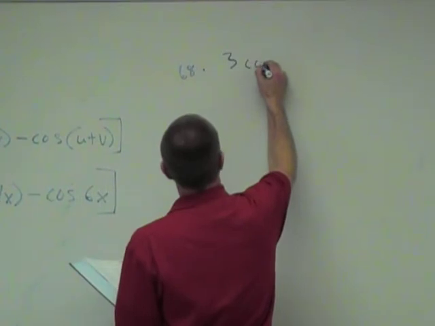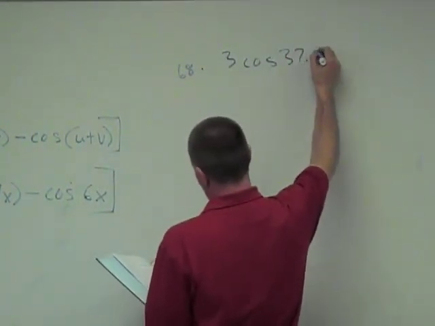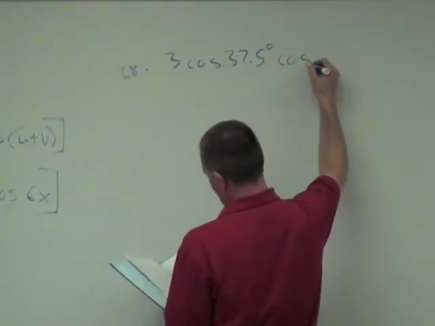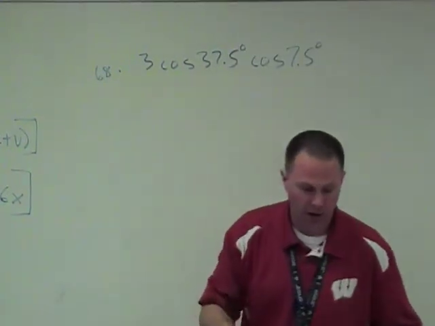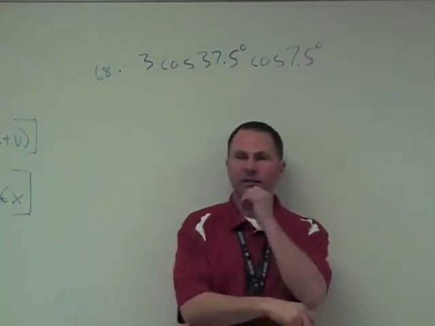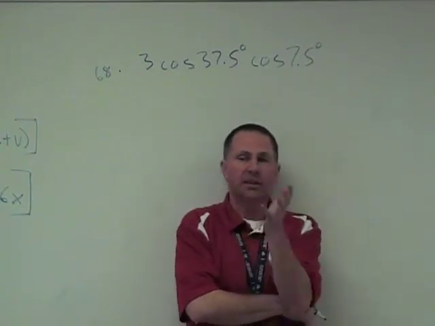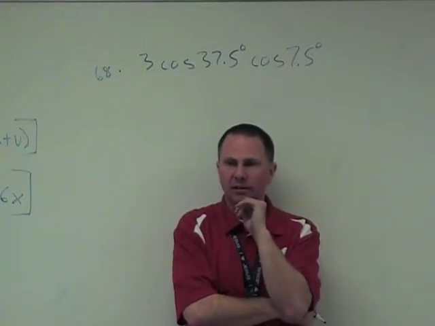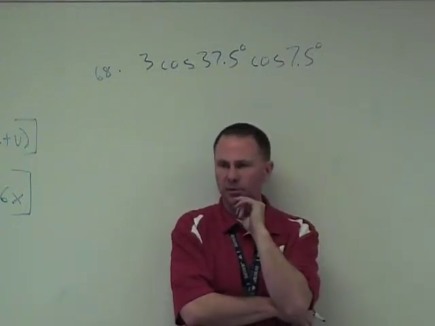This is 3 times the cosine of 37.5 degrees times the cosine of 7.5 degrees. Now, I immediately look at that and I say, it is a product. Nothing else I can do with it. Granted, you could take your calculator and plug this in and give you a value. That's not the point of what you're doing.